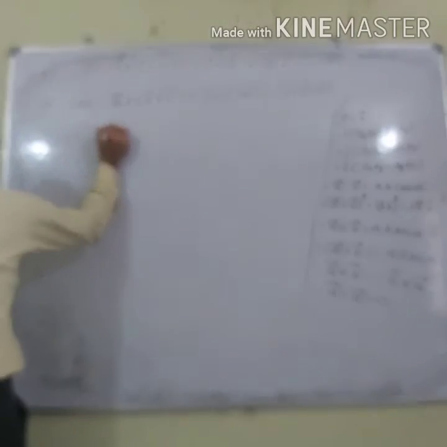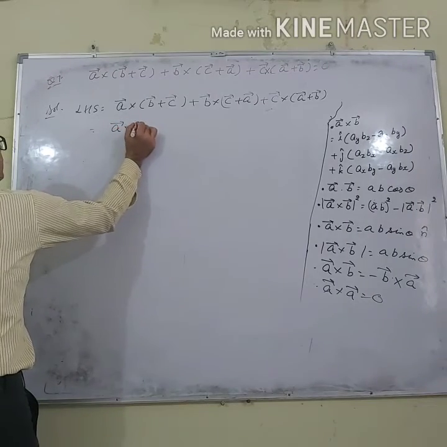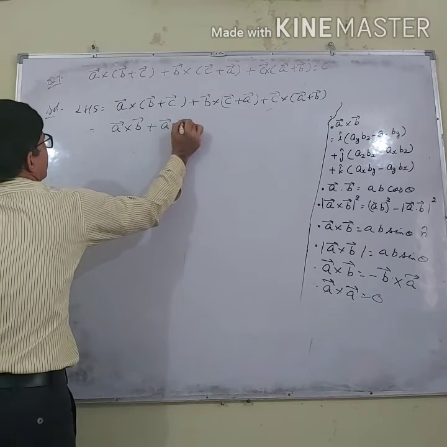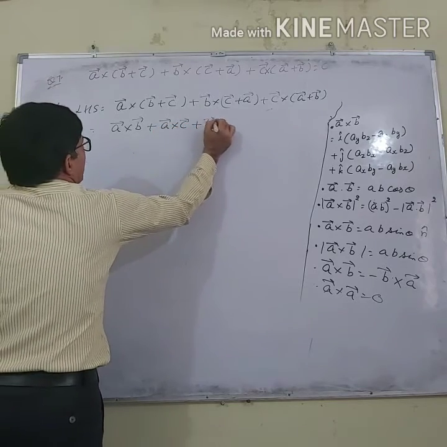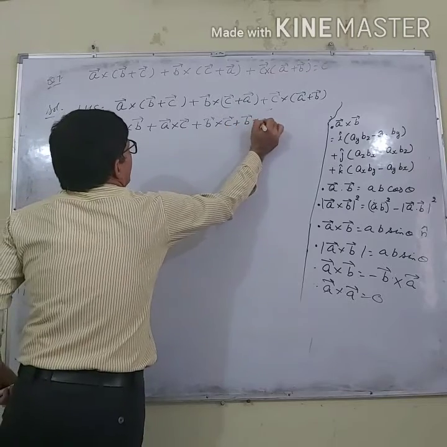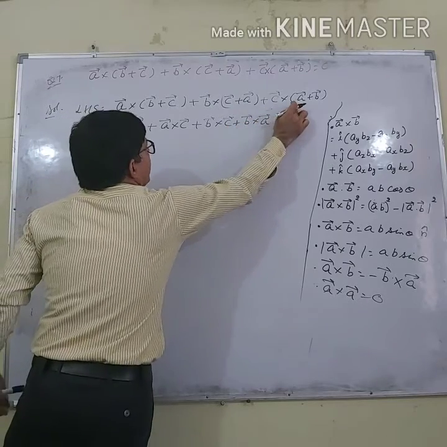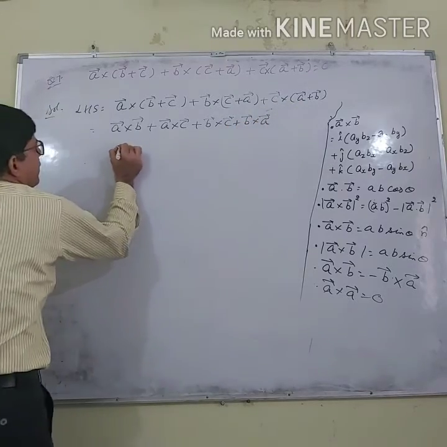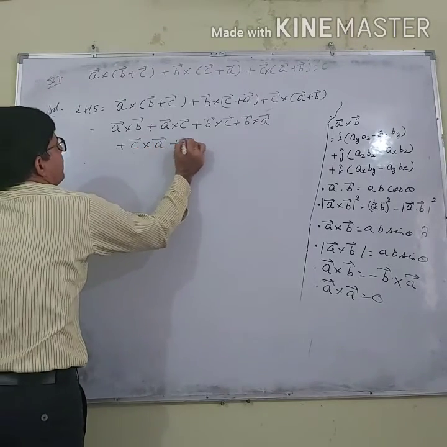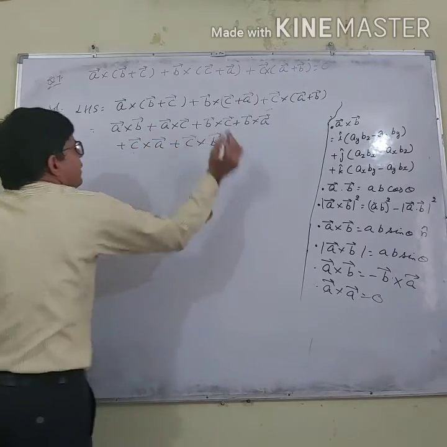So we can say a cross b plus a cross c, opening the bracket, b cross c plus b cross a, now c cross a plus c cross b.